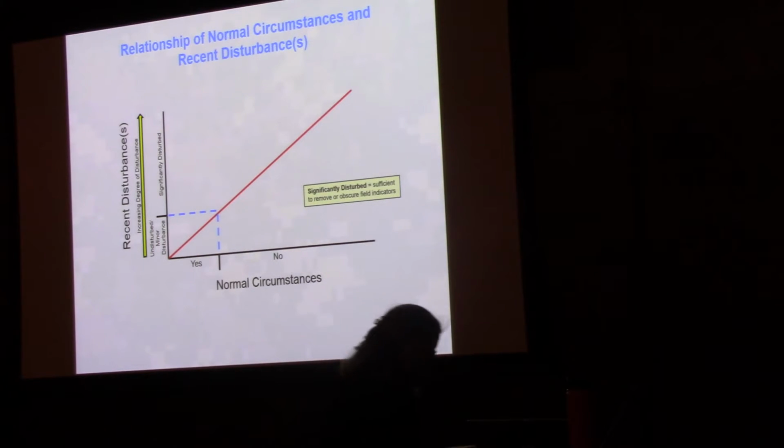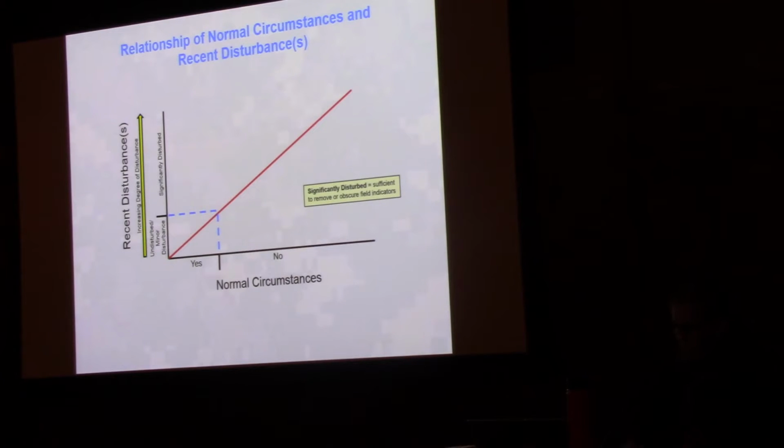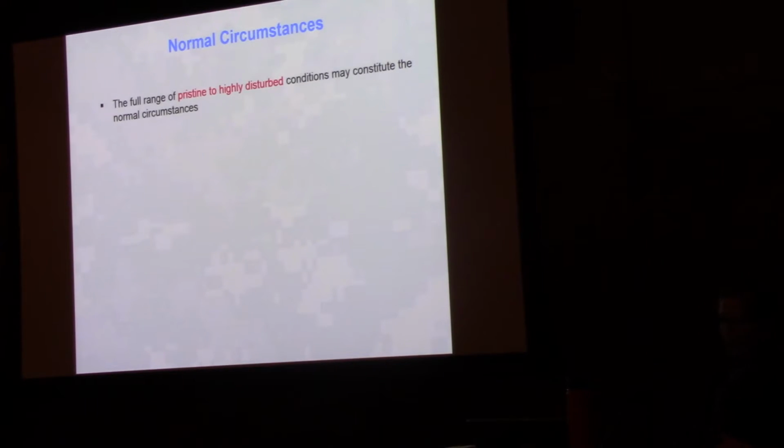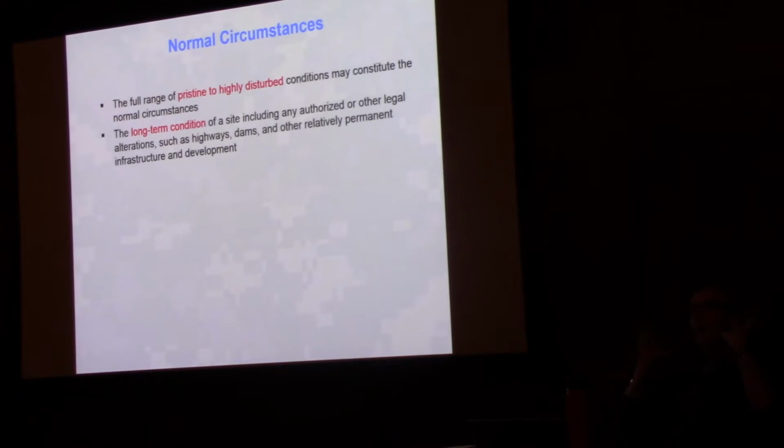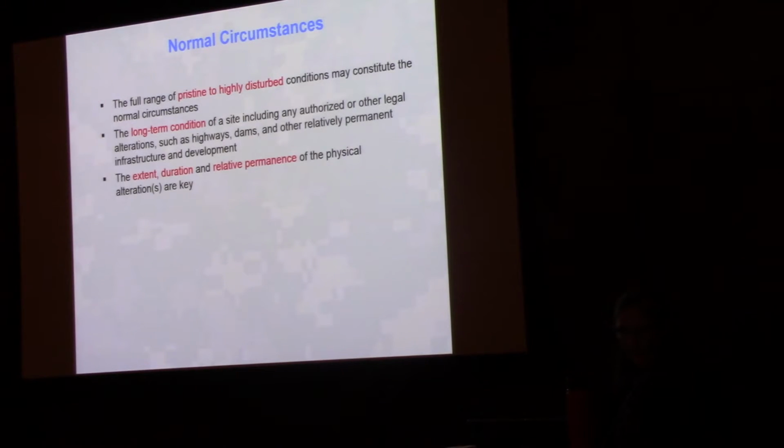So I think that's a good graphic to get a view of what that is. The full range of pristine to highly disturbed can be the normal circumstances. Yes, it can be disturbed, but it can be normal circumstances. And that's why it's like, God, what does it mean? All right, hopefully the examples will help.